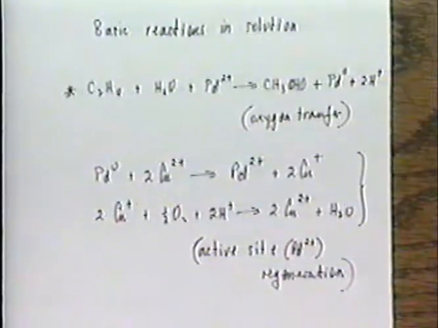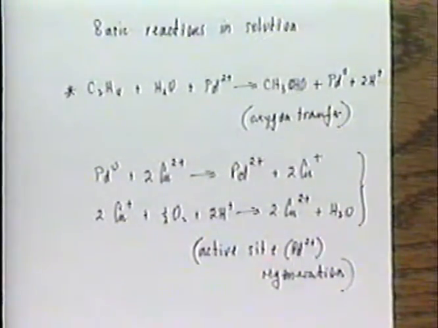However, the basic reaction consists of a water molecule yielding its oxygen to oxidize ethylene to acetaldehyde. The electrons from the oxygen are collected by the palladium, which is reduced to palladium naught, and 2 protons are generated. That's the basic oxygen transfer process.